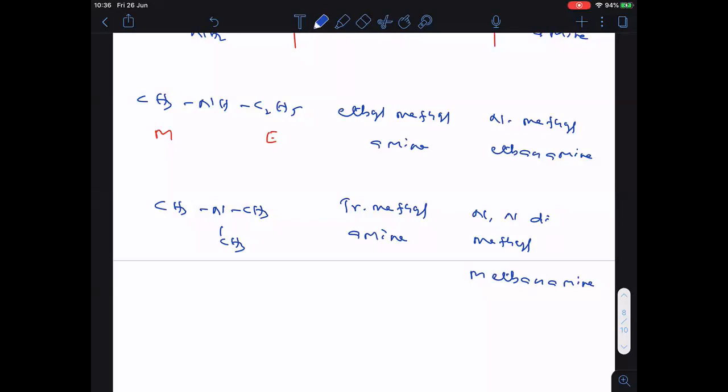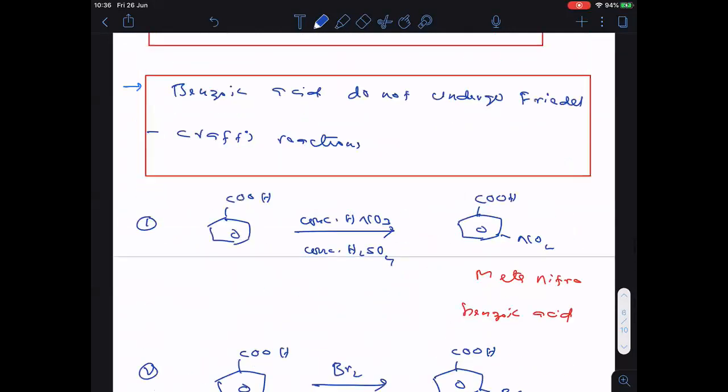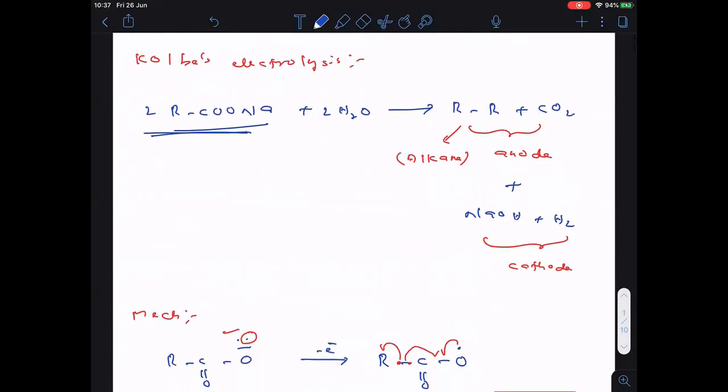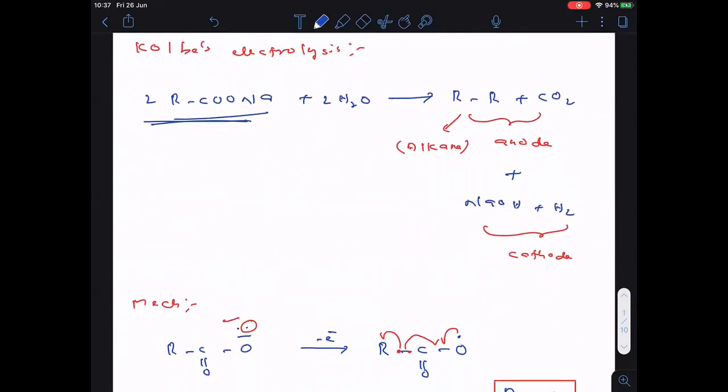Preparation and properties we will be seeing in the next class. From the starting onwards, I will be showing you the slides from today's class. See clearly.